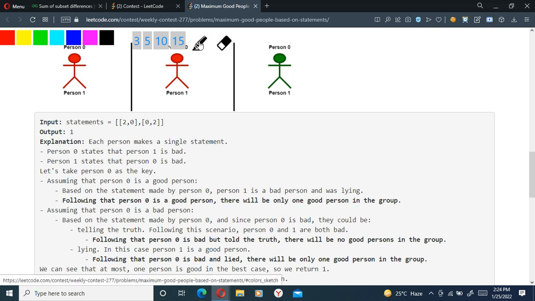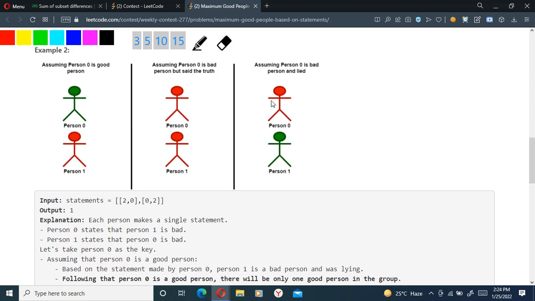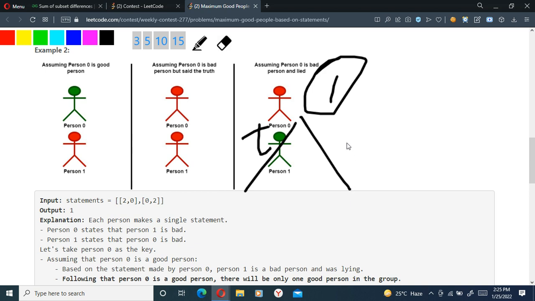What are the key observations that we get here? Let's say I start from here. If the value is 1, for sure I will have to check. Now this guy is a self-proclaimed good person, so he could be telling me the truth, or he could be lying.